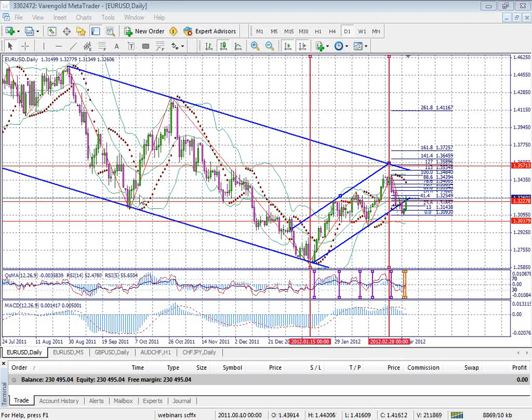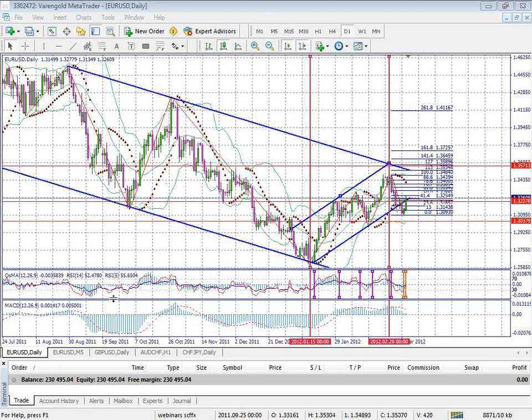Kristen, what do the purple dots represent? Purple dots is parabolic SAR. This is an indicator that is used for changing the stop loss.